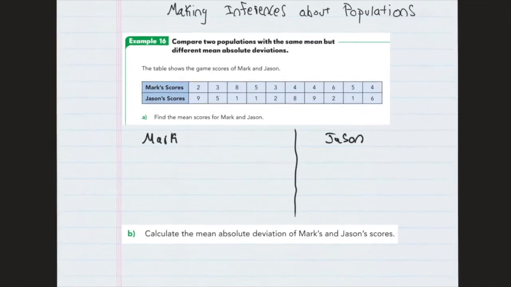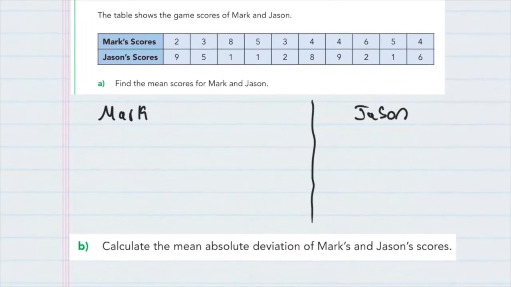And again, when I find the mean, I'm just adding those numbers together and dividing by the amount of numbers we have. So for Mark, that's 2 plus 3 plus 8 plus 5 plus 3 plus 4 plus 4 plus 6 plus 5 plus 4.